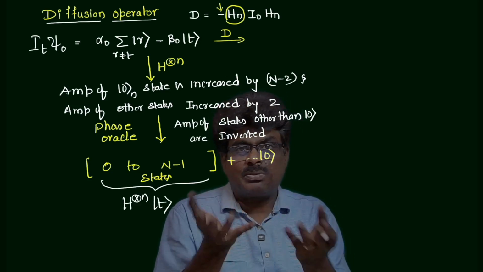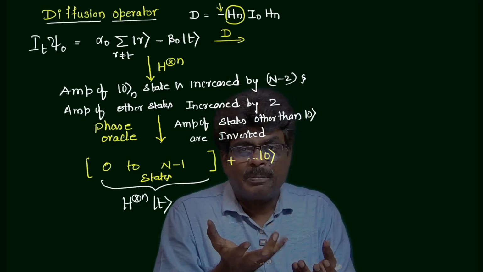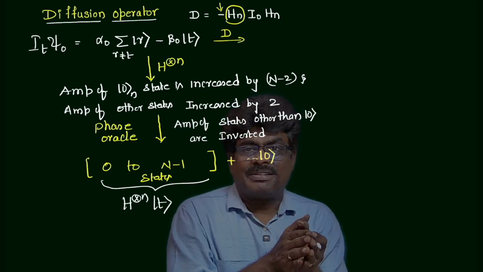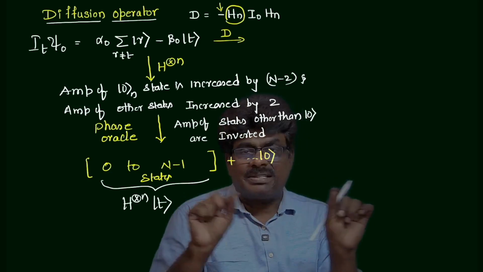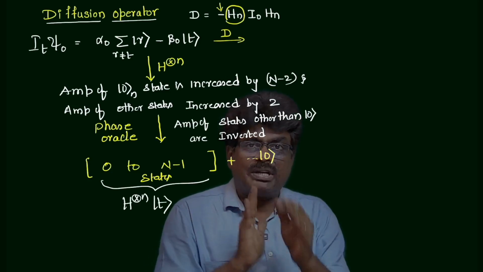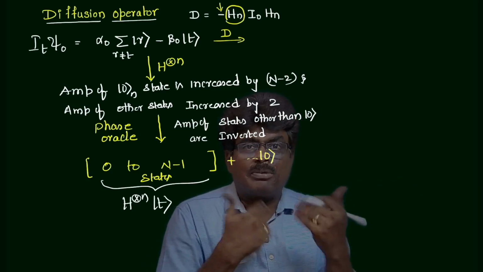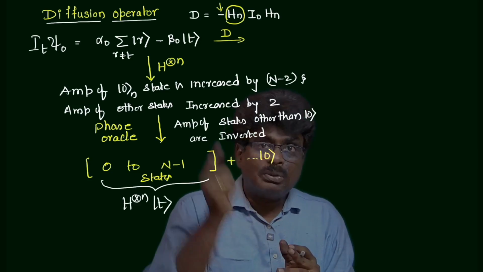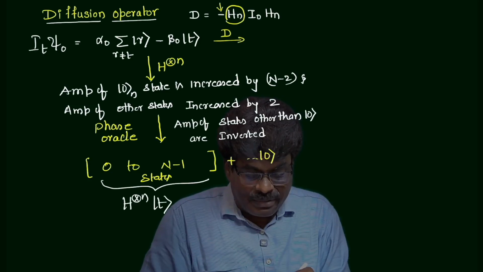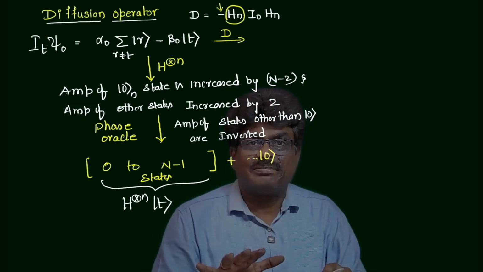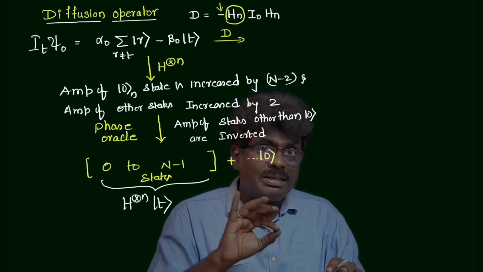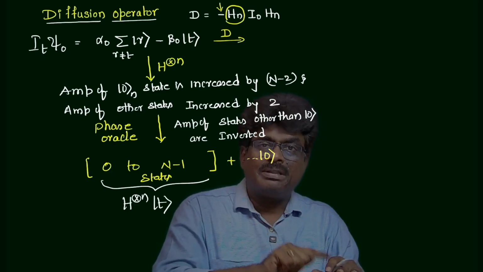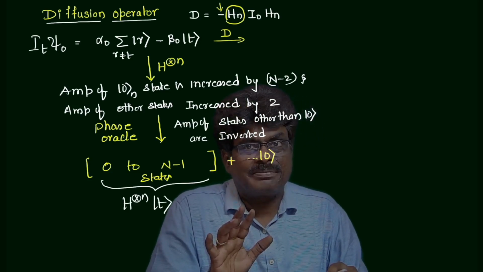Of course, 5 means we have to operate H 3 times. H tensor 3 operates on 5. Then you will get some phases of the 0 state, 1 state, 2 state, 3 state. I'm talking about the decimal notation. Those phases, and the phases you are getting here, both are the same. You will understand this point. Just remember this, and after this I will explain one example. There you will understand more clearly.